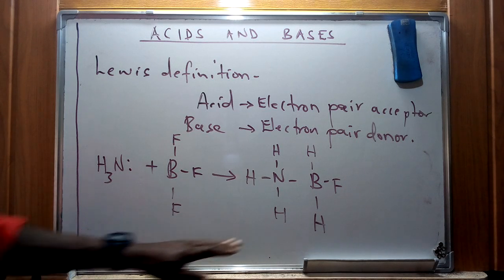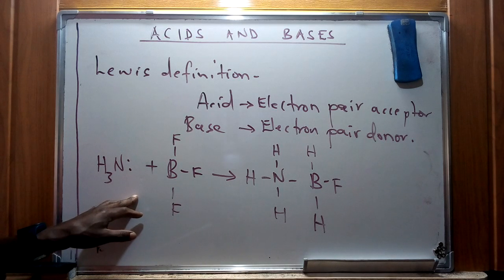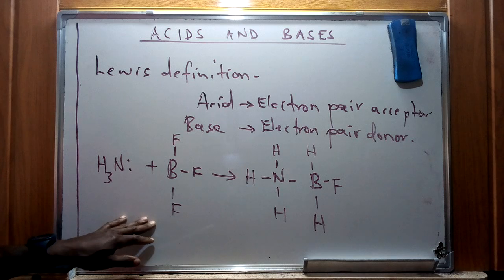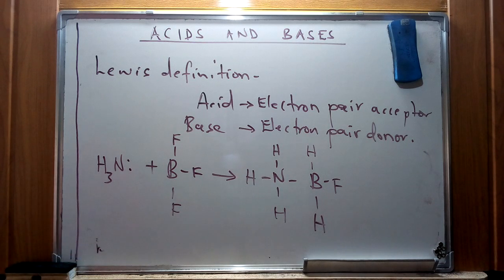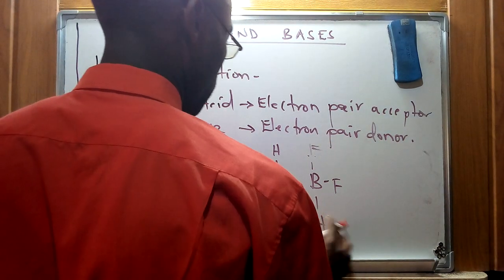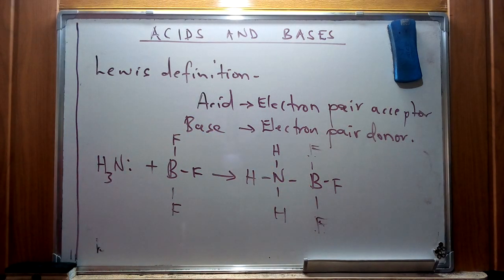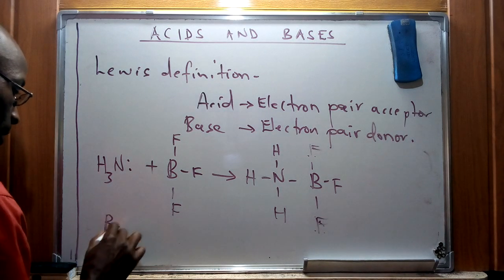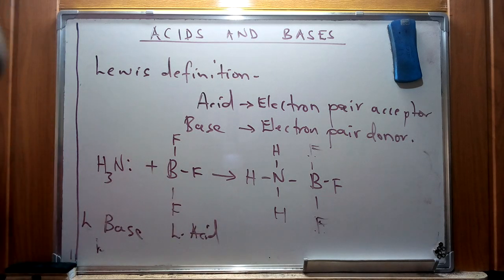Now for the product side, we're going to just have a confirmation for this. But if we consider the case for the first one that we had done for a Lewis base, trying to give a specific example for this, this is going to be a fluoro. So we're going to look at this and identify which substance is an electron pair acceptor and which is an electron pair donor. Therefore, this is going to fall under the Lewis base and Lewis acid, respectively.